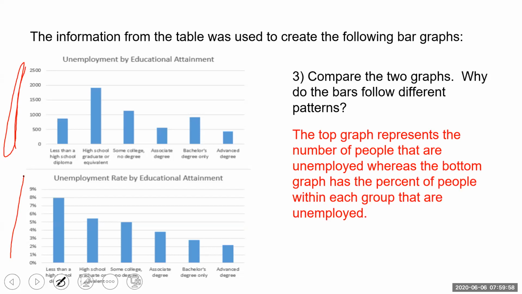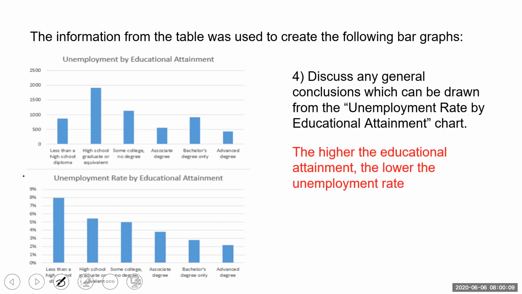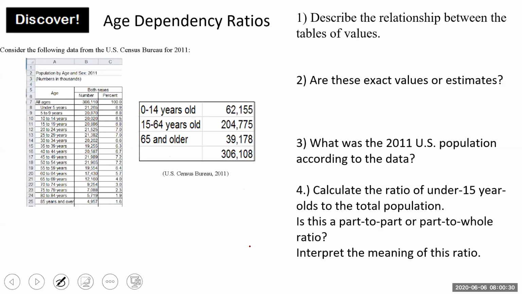So really, the two graphs represent the same thing, except that the bars are different in both cases because one has percentages and one has the actual numbers. All right. So you realize that as you see in this graph, this should tell you that the higher the educational attainment, the lower the unemployment rate. All right. So these are some of the conclusions you can make out of this graph.